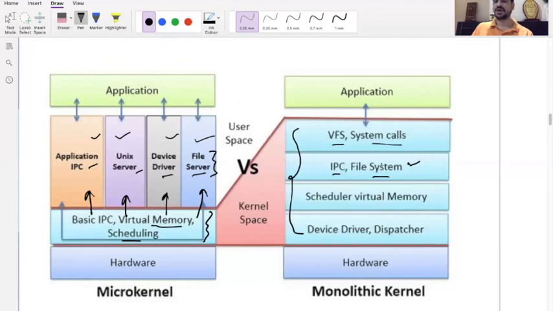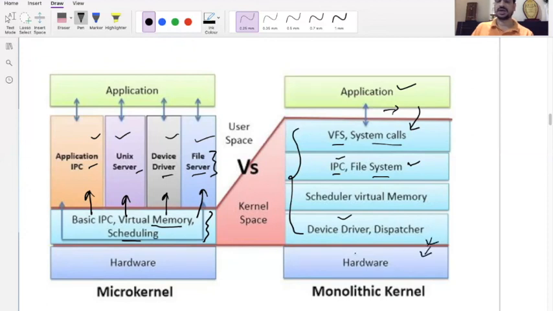If something goes wrong with the file system, the process communication, or some device driver, then the monolithic kernel is going to crash. And see how it is connected. Your application programs are there. Through the application program, you can communicate with the kernel, and the kernel, being system software, will run in supervisor mode and then interact with the hardware.